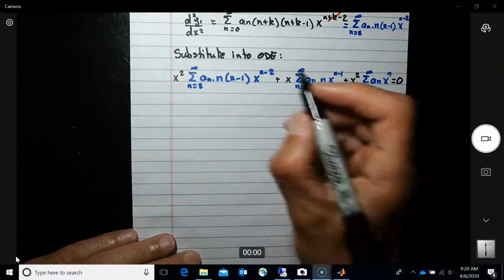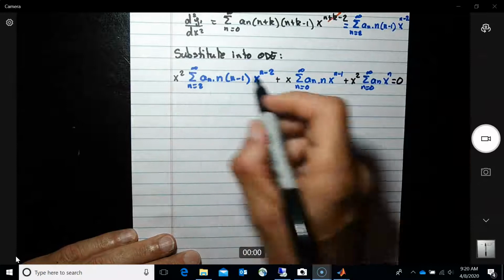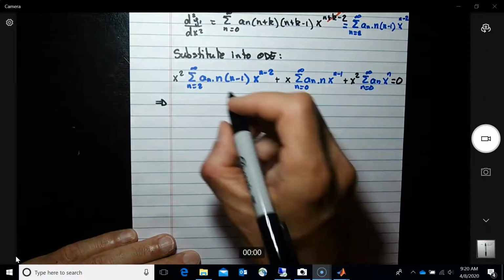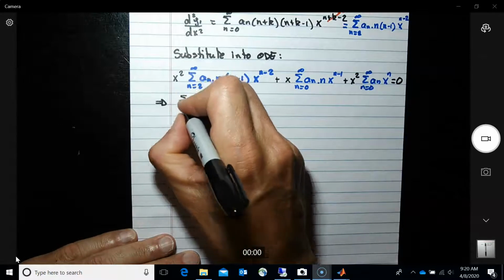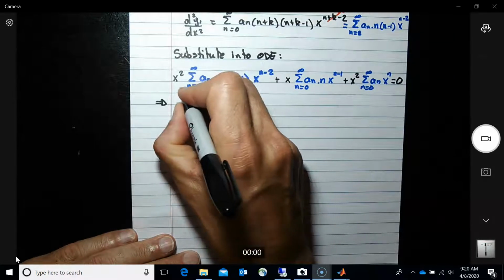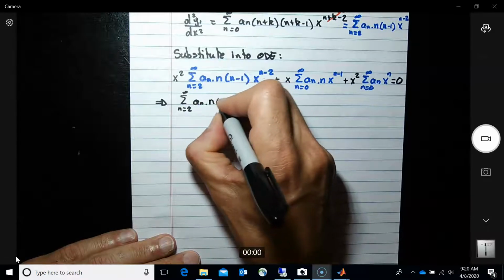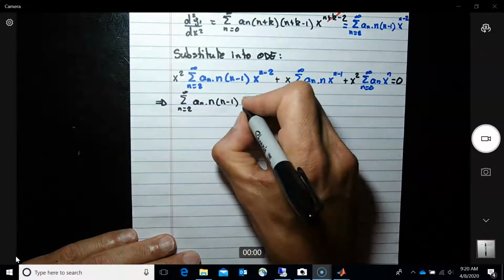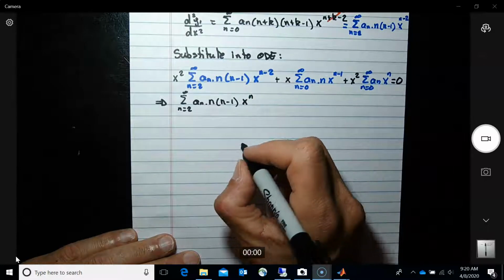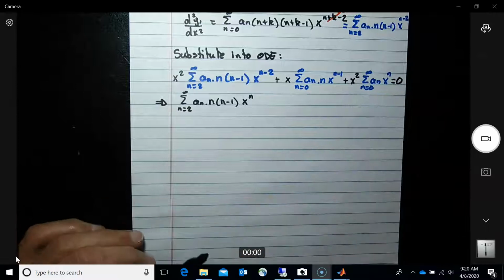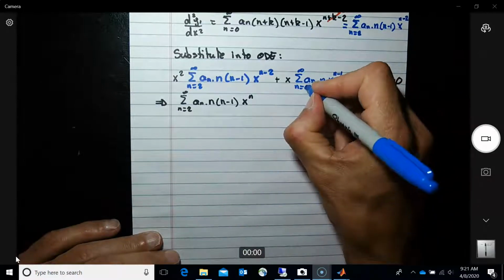Alright, so let's just see what happens when we develop these polynomials here. The x squared, this will give a summation from n equal to 2 to infinity a sub n minus 1 x to the n. Oh, this is 1 over here, sorry for that again.